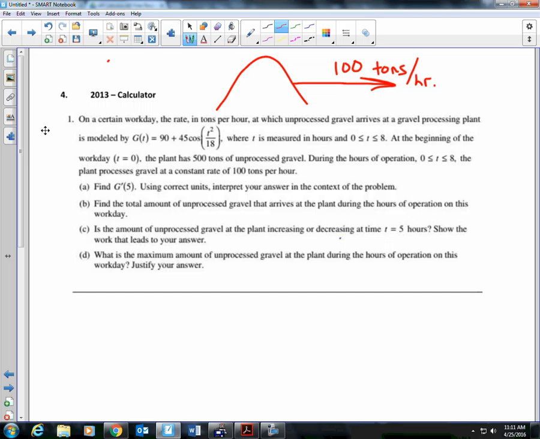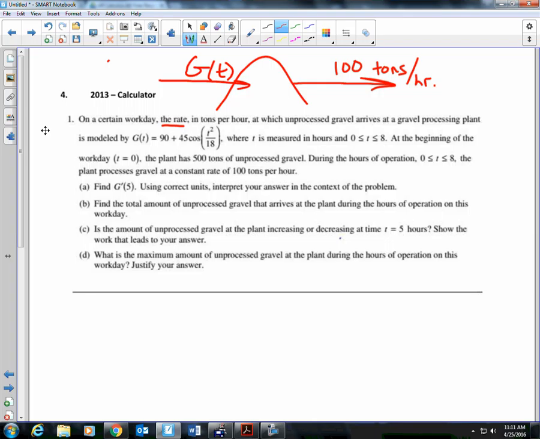Probably sitting on some type of elevator, and it's being taken off and processed. But gravel is being brought in, probably by trucks or something to that degree, at different amounts, represented by G of t. Does G of t represent the amount that's being brought in or the rate at which it's being brought in? The rate. So this is different from the last one because the last one you're actually given the position.